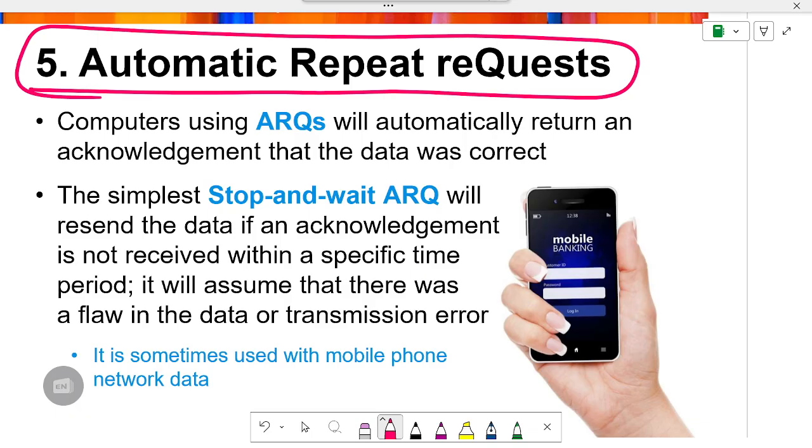Okay, what is this idea? Well, the automatic repeat request we call ARQ. You can just write ARQ, 是一样的 ARQ 的想法. Basically, computers will send some data, and then they will stop and wait.